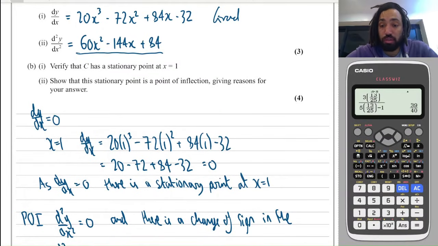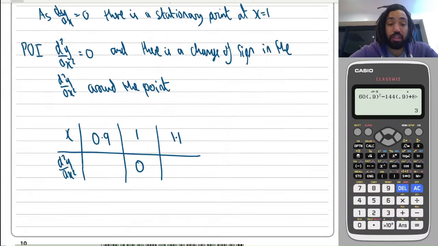Let's go for 60, 0.9 squared minus 144 open brackets 0.9 plus 84, and we get the number 3.